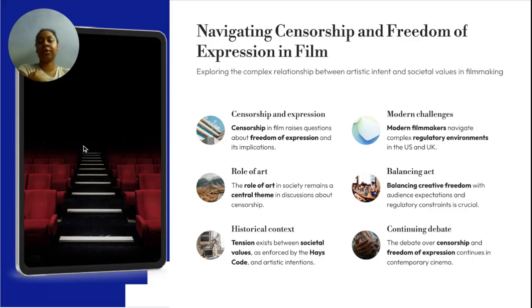Sometimes they can edit certain things or blur them. So there is a continuing debate over censorship and creative expression which continues to this day.